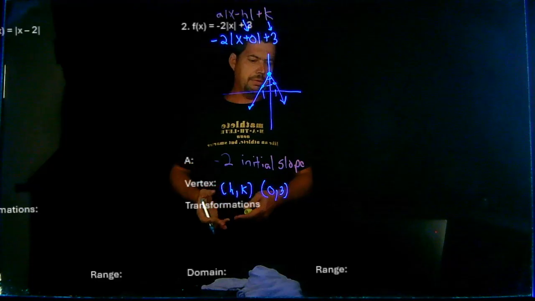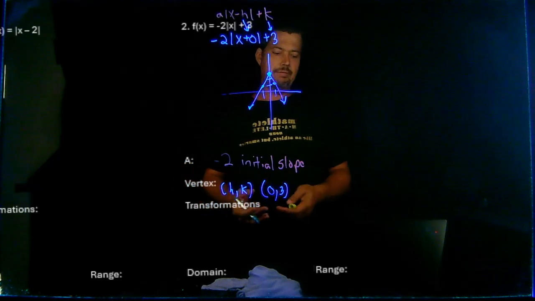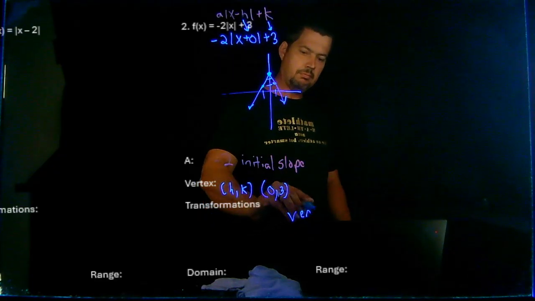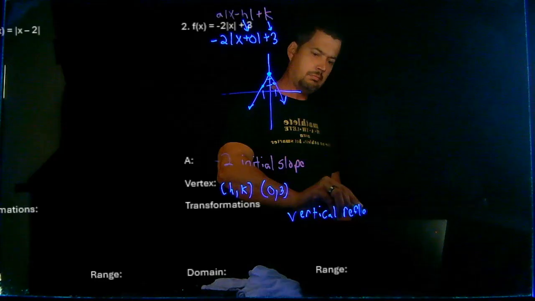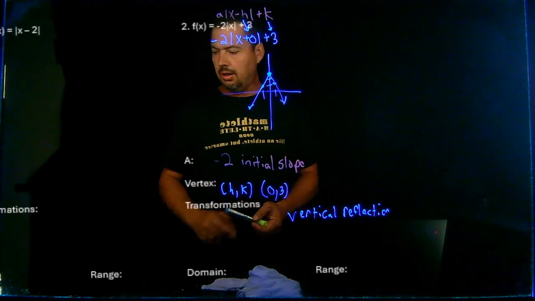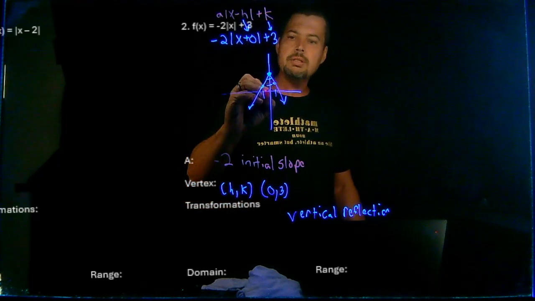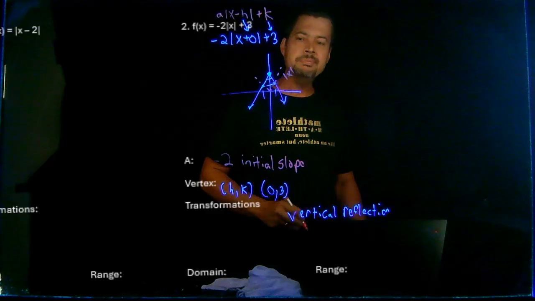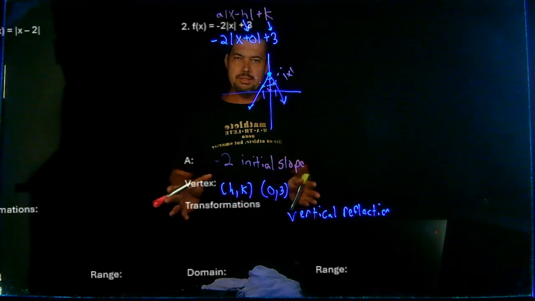Now, the transformations that we have: you'll notice that A is negative. We have a vertical reflection. If we think about what the parent function was, and that's how I know we have a vertical reflection, because my little dashed guy here is the parent, the absolute value of x. If we think about what the parent is, we'll notice this thing is basically twice as tall.